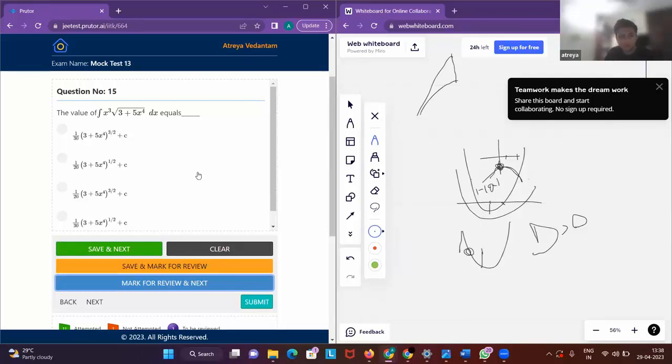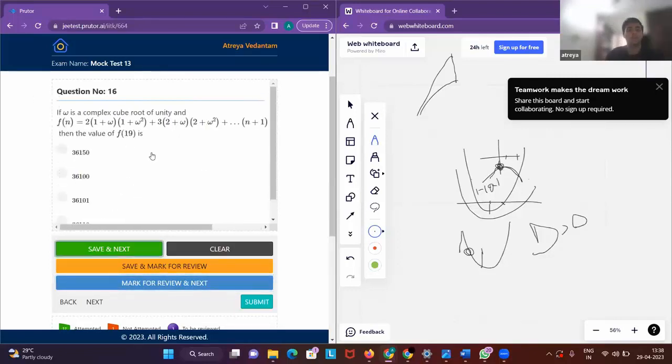So this is simply 1/20 times the integral of root t dt. And root t integrates to 2/3 t^(3/2). So if you use 2/3, you get 1/30 times (3 + 5x^4) to the power 3/2. So clearly it is A.